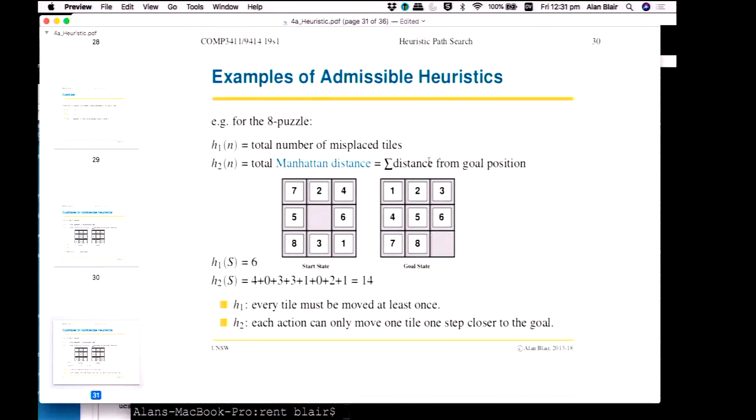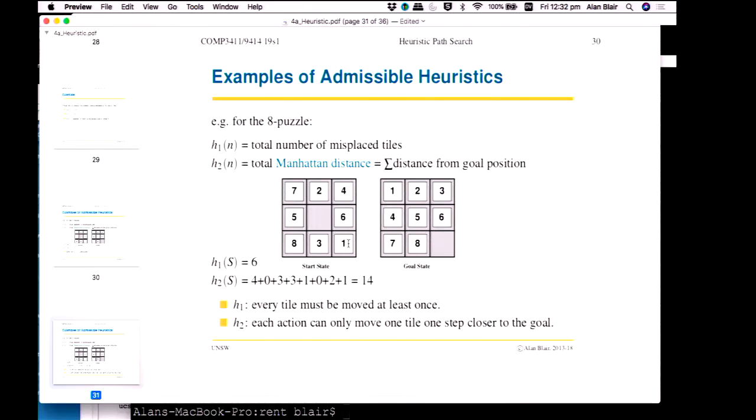This is called the Manhattan distance. The Manhattan distance from here to here is 3, and from here to here is 4. This is because in Manhattan all the streets are on a rectangular grid, so it's like the distance you would have to walk to get from one street corner to another.